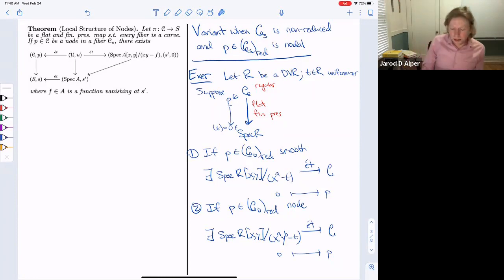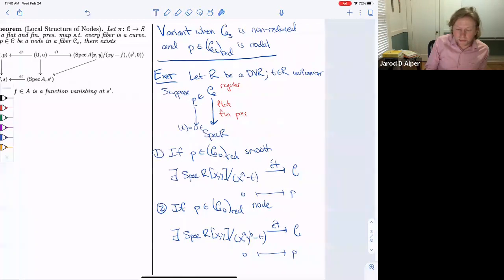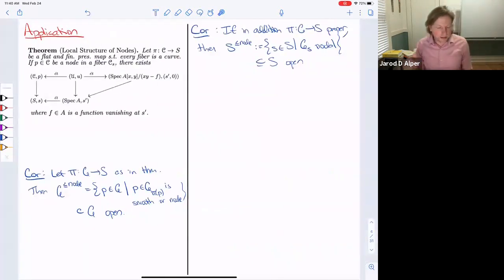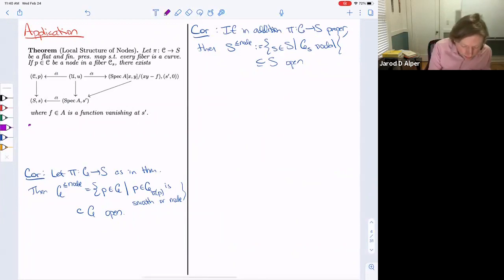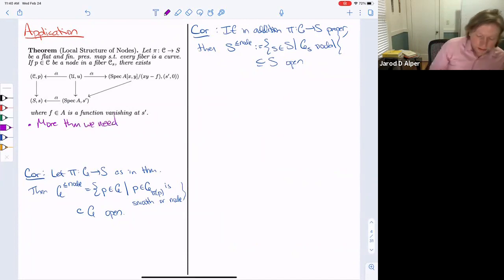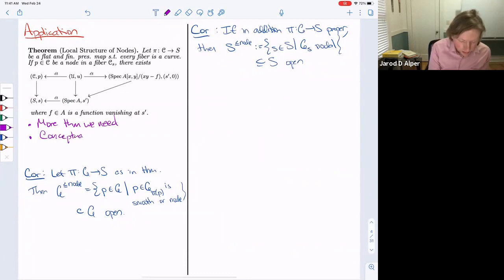But maybe I should say one of the applications of this result for us is as follows. We have this result, and I should point out that this is definitely more than we need, especially for the applications I'm going to give right now. But the reason I'm including it in this form is because I find it gives us a conceptual understanding of nodes and their deformations.